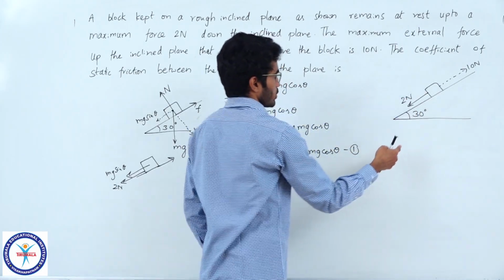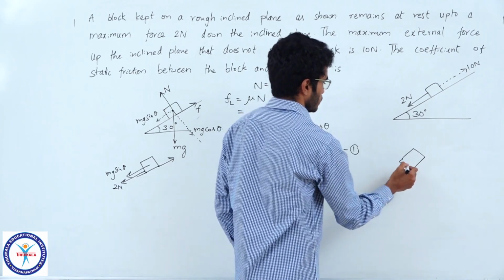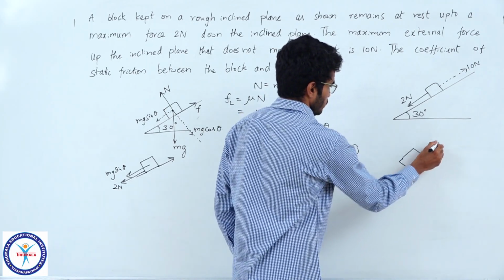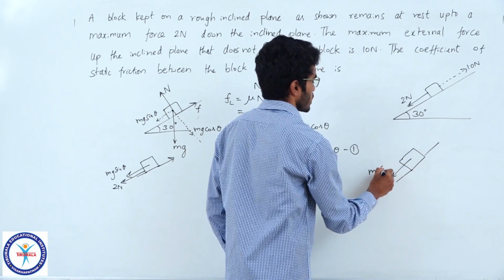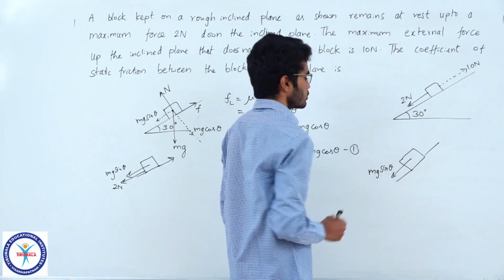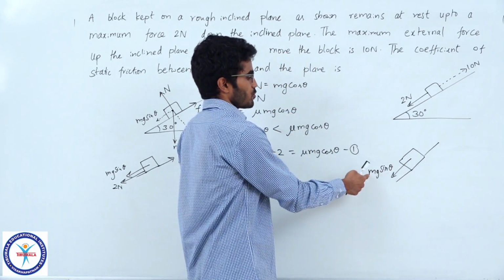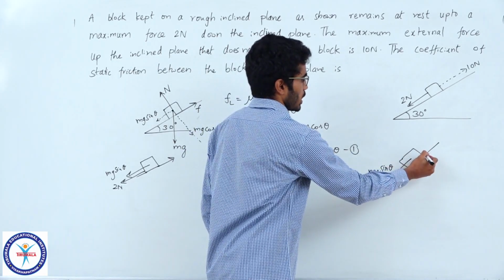In this case, let us draw the free body diagram. Along the plane, mg sin theta acts downwards, and this force is not sufficient to pull the block downwards because the force of friction is larger.